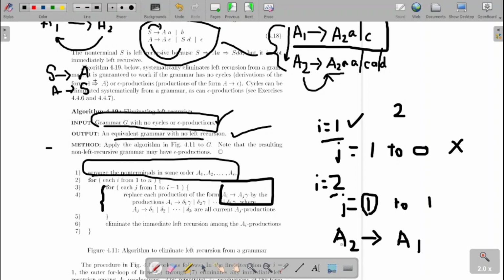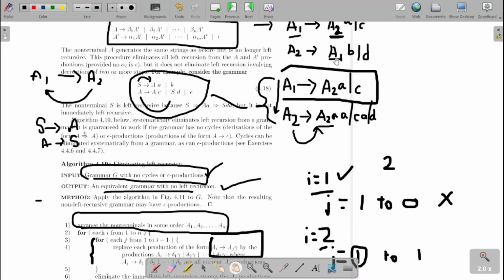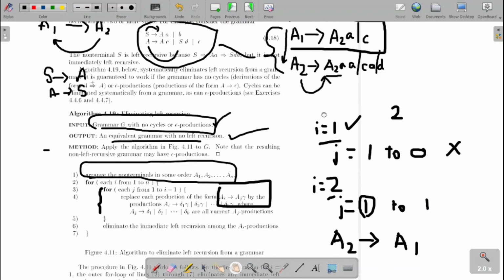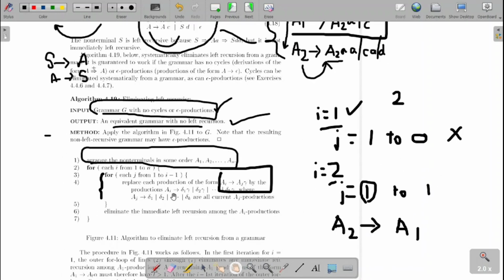That is, replace all such productions wherever you get A2 derives A1. These productions we are replacing by the production Ai derives gamma delta 1, gamma delta 2, gamma delta 3, where Aj will derive those.